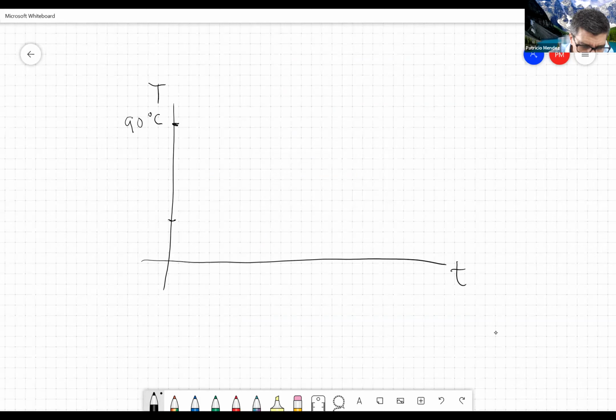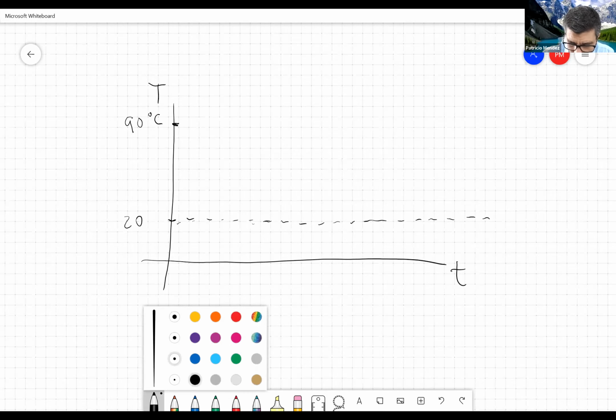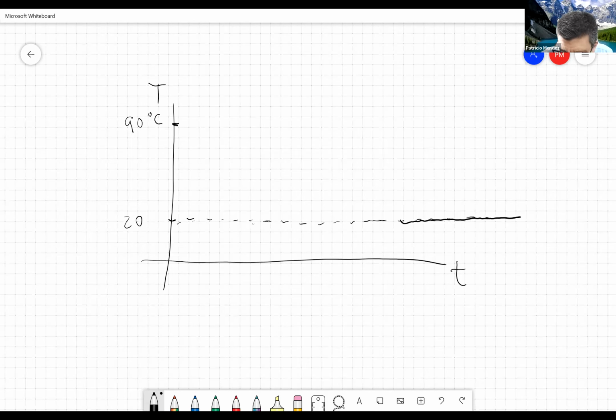And I know when time is infinite, we're going to reach 20 degrees C. All right, eventually we're going to be flatlining here, and we're starting here.